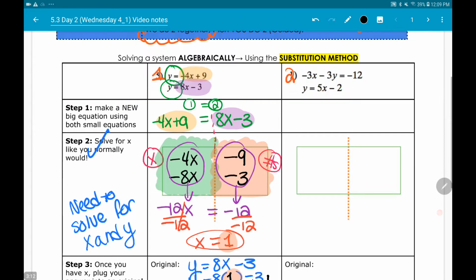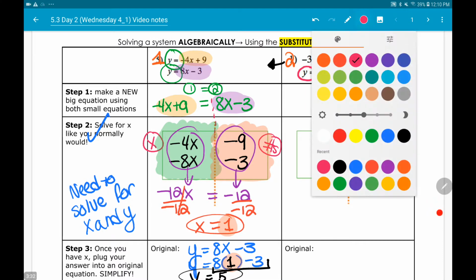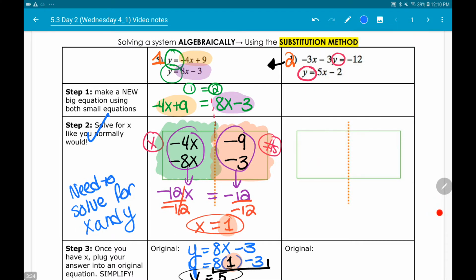All right, now let's take a look at number 2. So number 2 is slightly different than our first and what we did on Monday. So if you see, equation 2 is equal to y, but equation 1 is not. So there's a slightly different process when we do this. So what we're going to do is we take the equation that is not isolated for y.